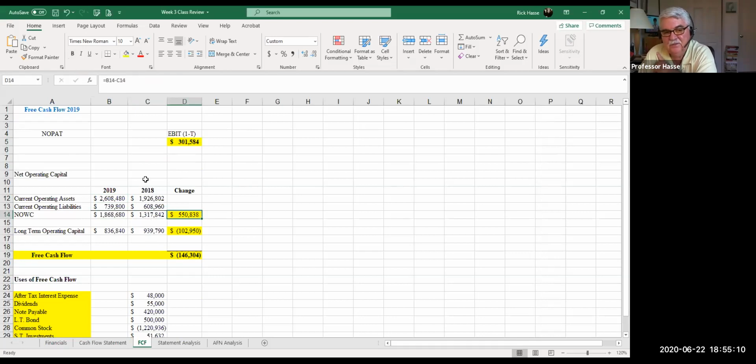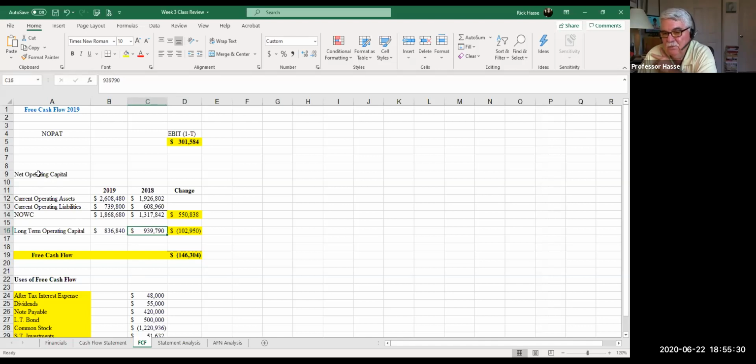Because of depreciation, we generated positive cash flow in our long-term operating capital, because remember, we only purchased $17,050 of new fixed assets. Everything else was money we got back from depreciation.